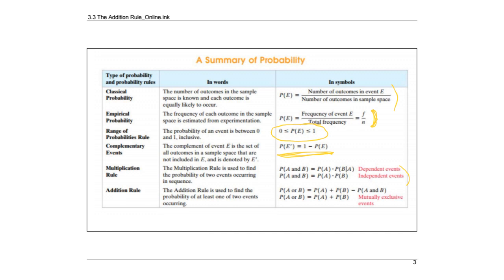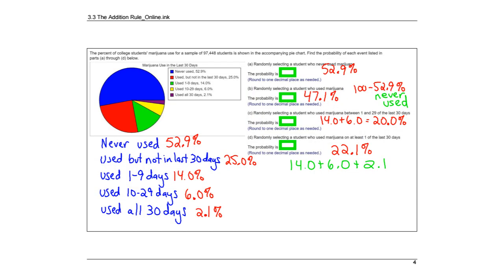It just matters if you have a dependent event or an independent event, then you have to use the given that. And then in this section, we used the addition rule. So you see the word or, that means you're going to add. You just have to be careful if you have intersection. Then you've got to subtract because you double count.